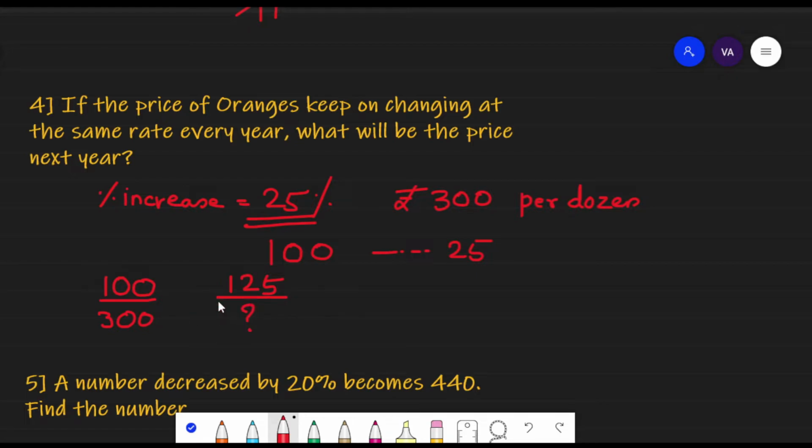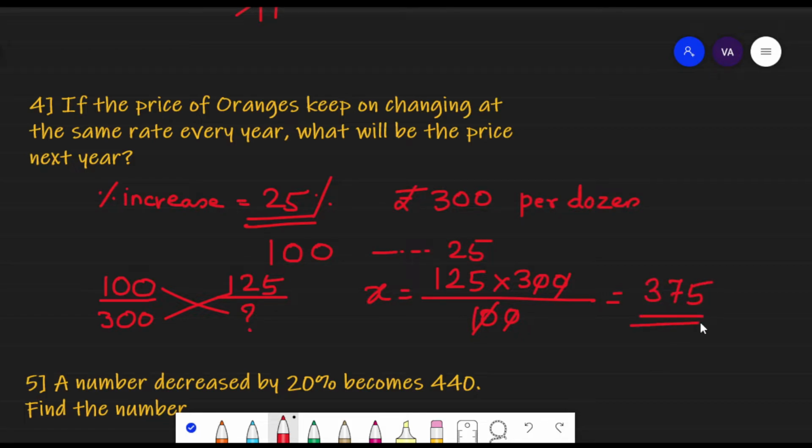Here we can cross multiply and we have that answer to be 125 into 300 divided by 100, so we have 375 as the new value.